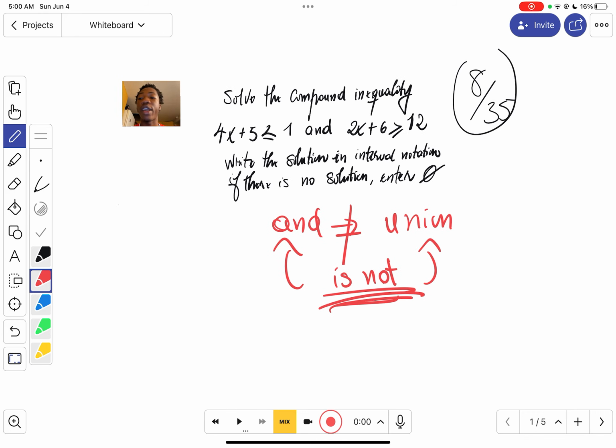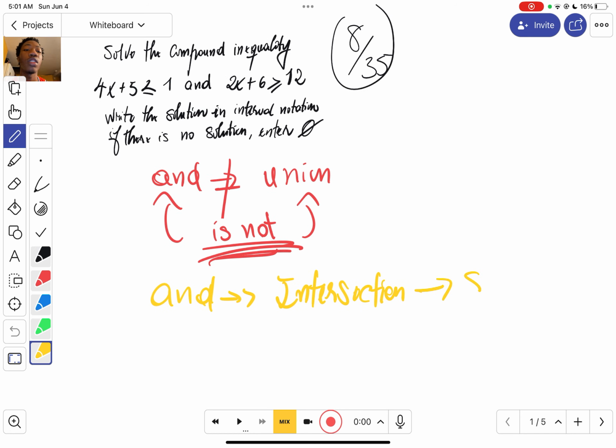When they tell you "and", "and" is intersection, which means what they are sharing together, or common values.